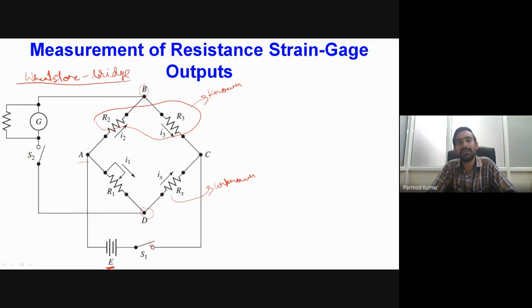But if the bridge is in an unbalanced situation, the galvanometer will give us a certain value of the voltage. So initially, we can start with the condition that our bridge is in an unbalanced situation.